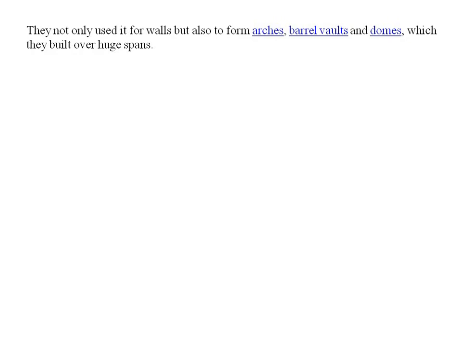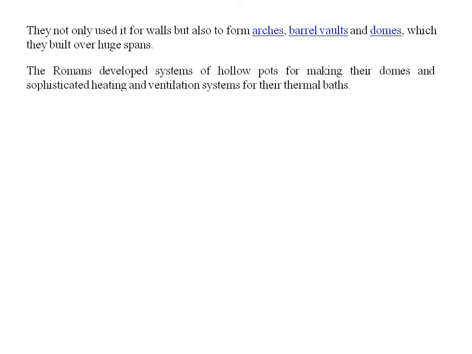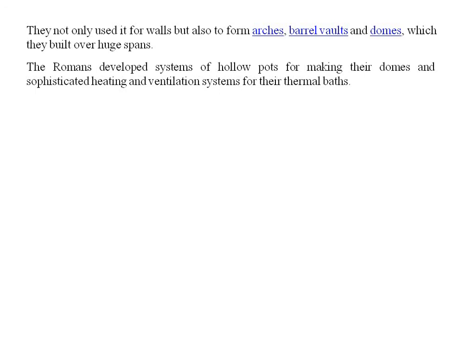They not only used it for walls but also to form arches, barrel vaults, and domes which they built over huge spans. The Romans developed systems of hollow pots for making their domes, and sophisticated heating and ventilation systems for their thermal baths.